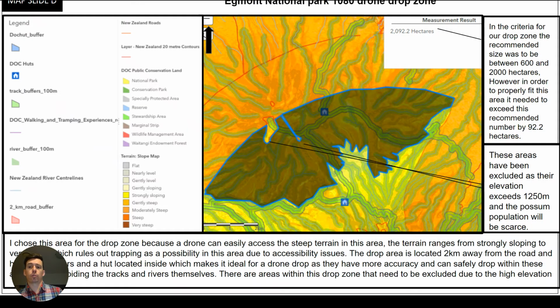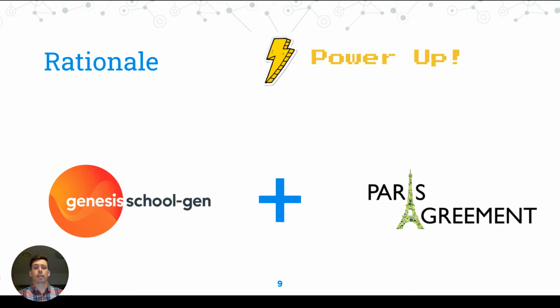And then they've chosen a spot based on the inclusion and exclusion criteria, as well as the terrain underneath, which is the orange layer you can see there, where they're identifying that the steeper the terrain, the better suited that area is for using a drone, and it's within the confines of what the technology can currently do. They then drafted up a little letter of recommendation to the Department of Conservation with that.